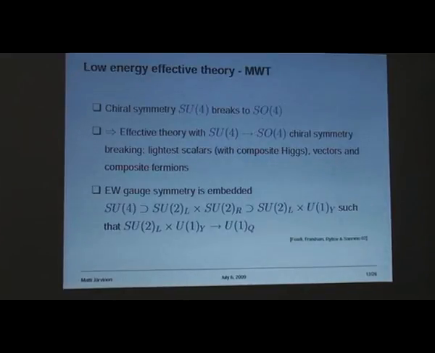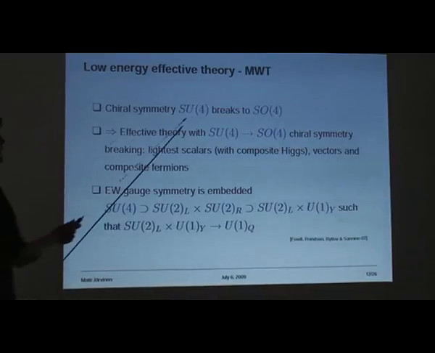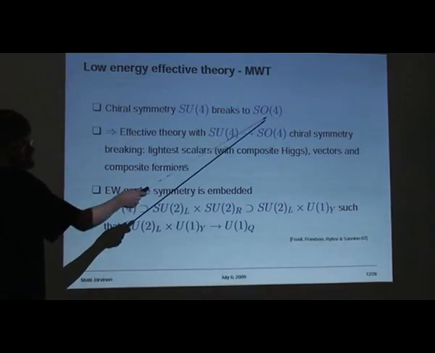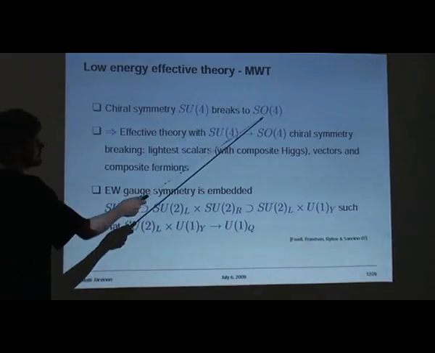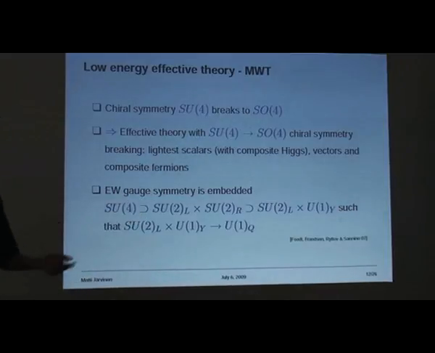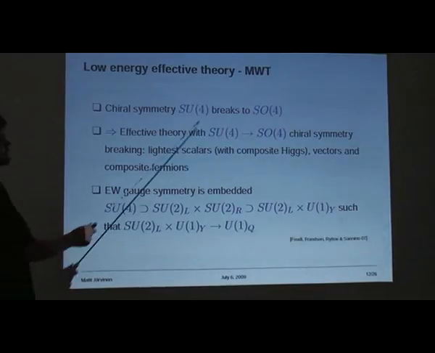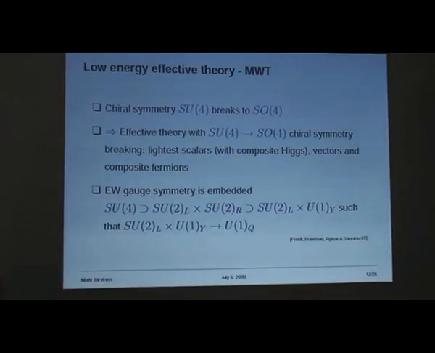Okay, so you don't really know to which group the SU(4) breaks in this chiral symmetry breaking, but the usual assumption is that there is somehow the largest subgroup of this SU(4) which is natural, and in this case it's the SO(4).